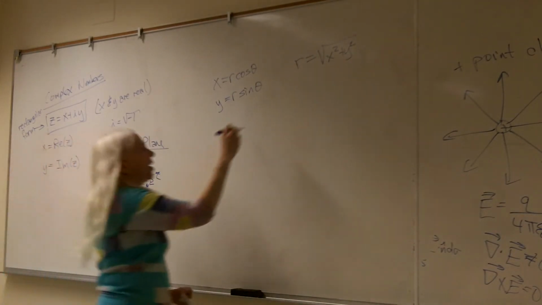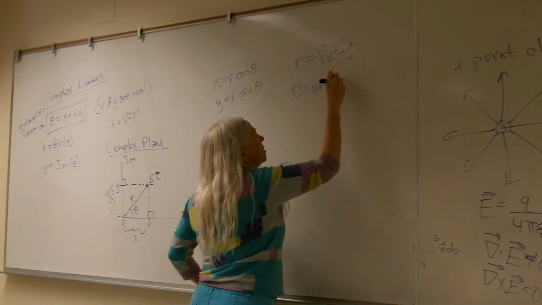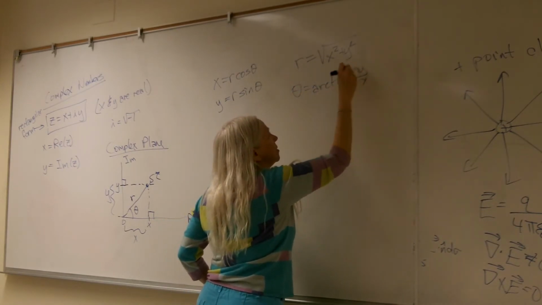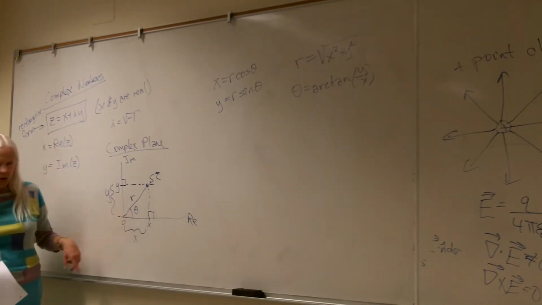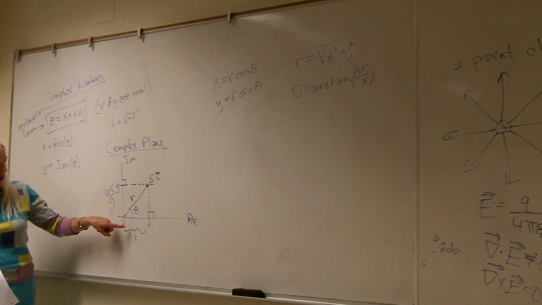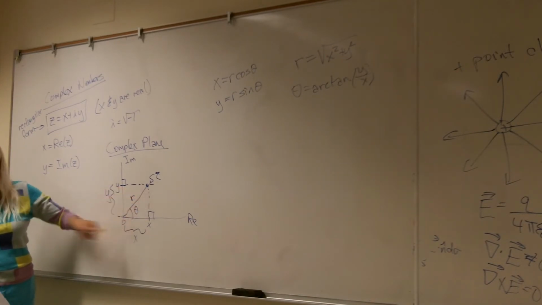And this angle theta is the arctangent of y over x. Right? In other words, the tangent of theta, which is the opposite side over the adjacent side, is y over x.